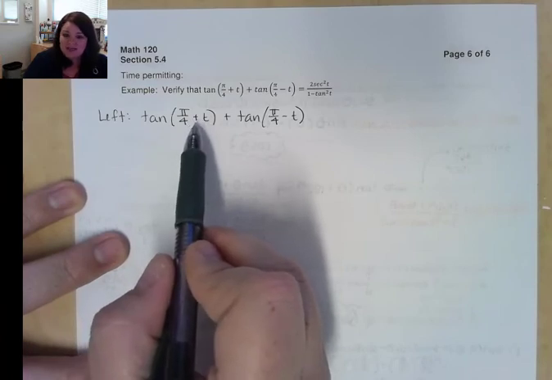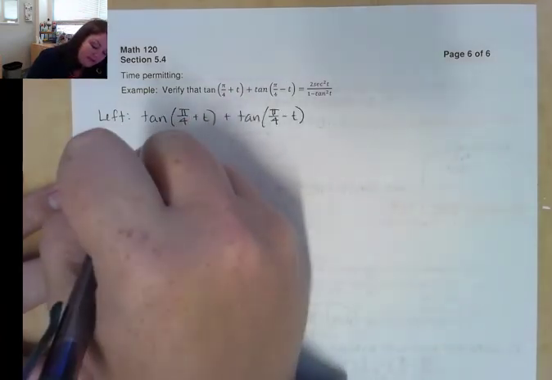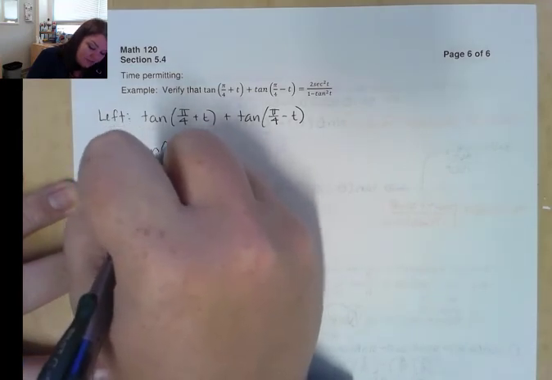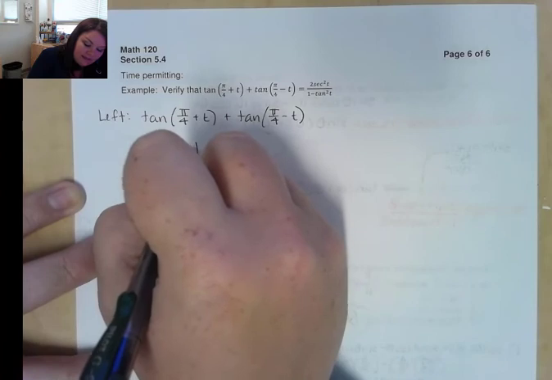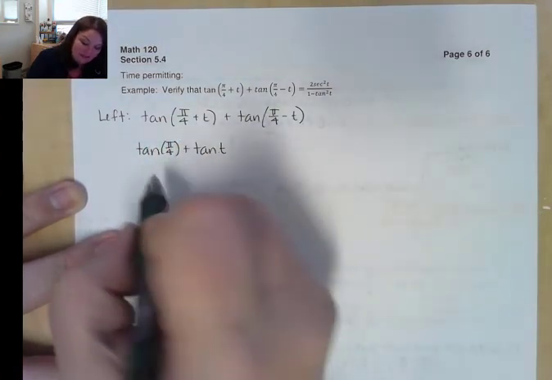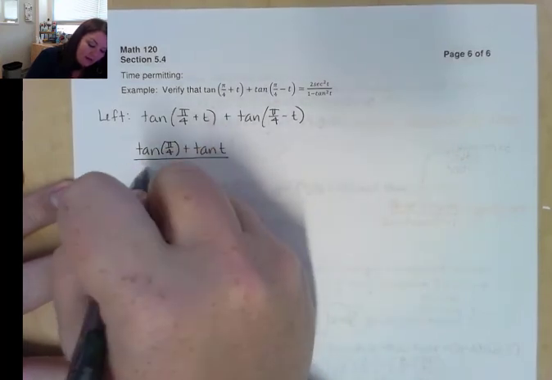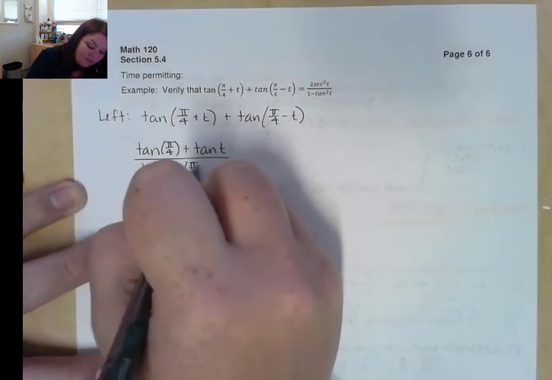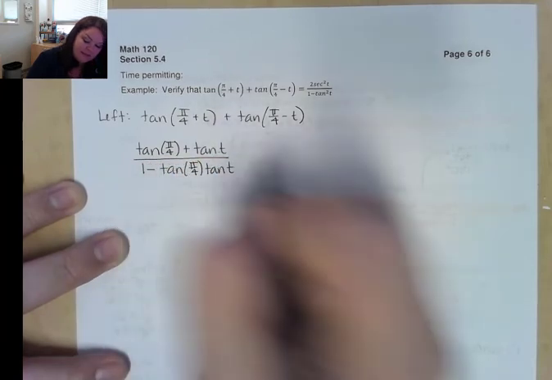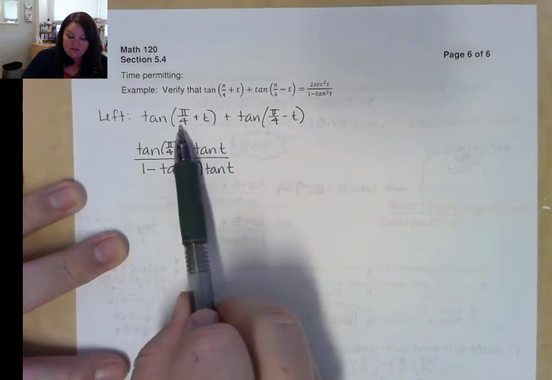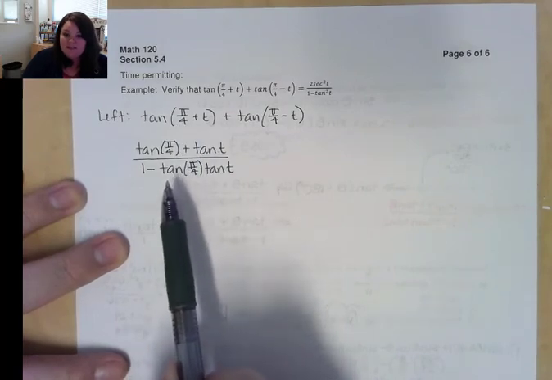The addition identity for tangent says that I do tangent of my first angle, which is pi over 4, and then add tangent of my second angle, which is t, and I divide that by 1 minus the tangent of my first angle and the tangent of my second angle. Okay, so just plugging these two angles into the sum identity for tangent.